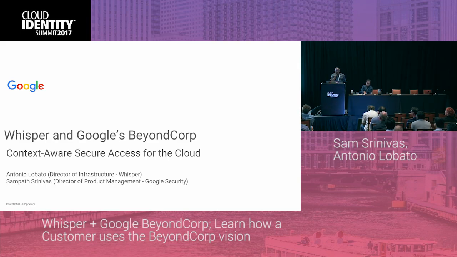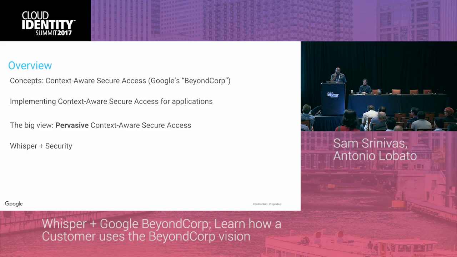So, the agenda: I'll start with an overview of the BeyondCorp concepts, and basically it leads to what we call Context-Aware Secure Access. As I go along, hopefully it'll become clear why we use this term. After the concepts, I will talk about how you could implement it on Google Cloud Platform, the tools that you have, and how they provide solution components.